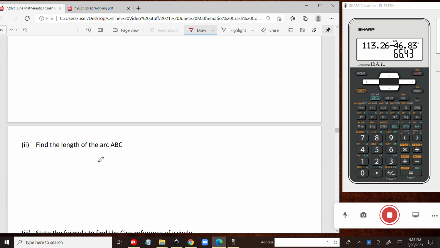When you have a sector and you want to find the length of the arc, that's the curved part, the length is 2 pi r multiplied by the angle divided by 360. As simple as that. It's a formula you have to learn off. The symbol for the length of the arc is actually not L, it's actually S.